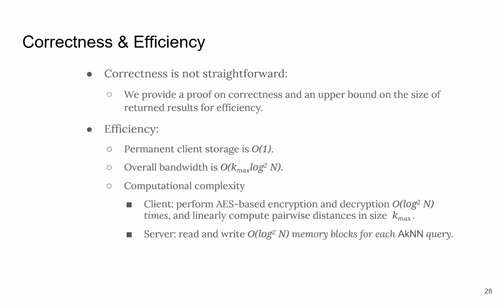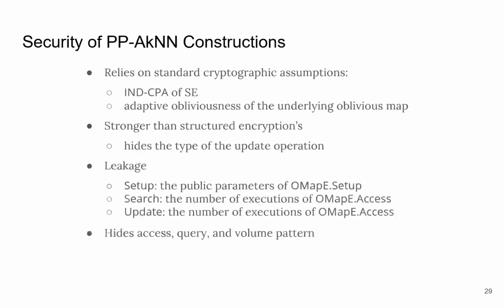Since we have the construction ready, we can now move to analyze the correctness and efficiency. The correctness part is not straightforward. We provide a proof on correctness and an upper bound on the size of returned results for efficiency. You can find more details of our constructions regarding the efficiency aspect in our paper.